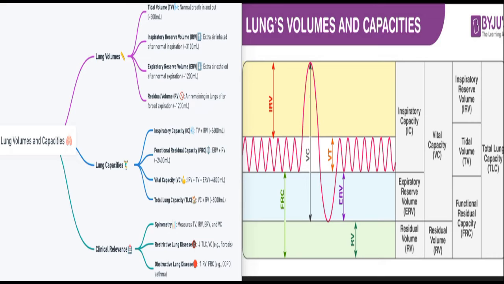But for a restrictive pulmonary pattern, you would have your FEV1 FVC ratio more than the lower limit of normal, and your FVC, your forced vital capacity, less than the lower limit of normal.